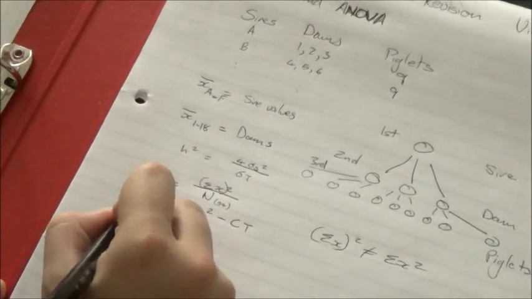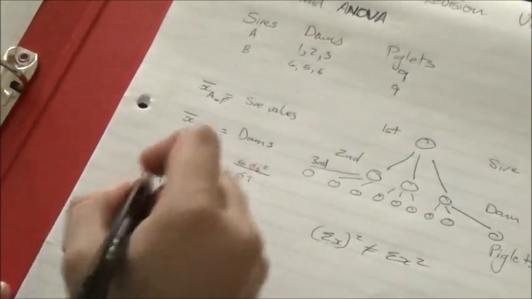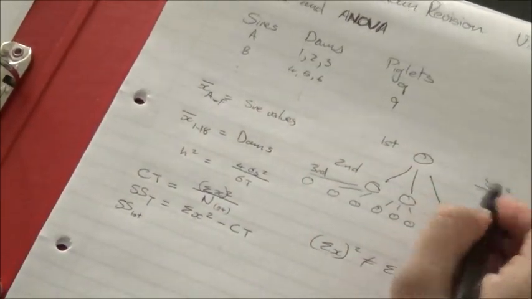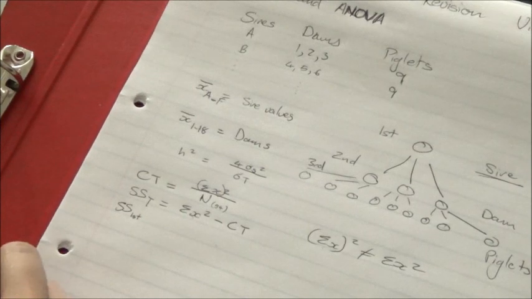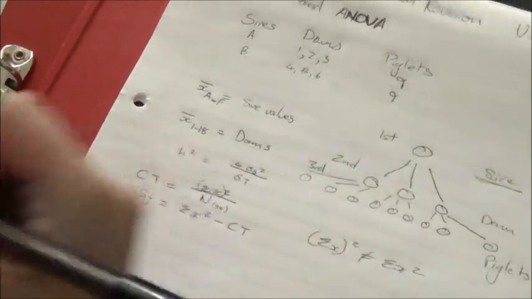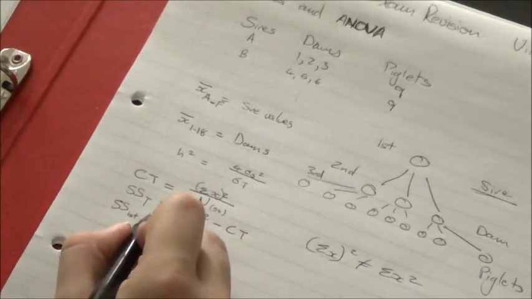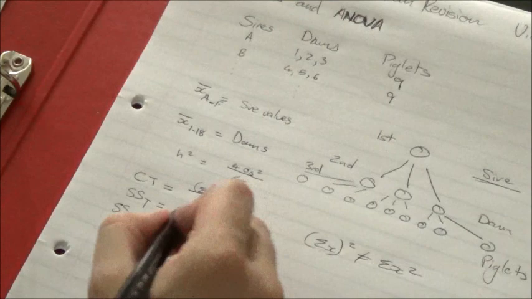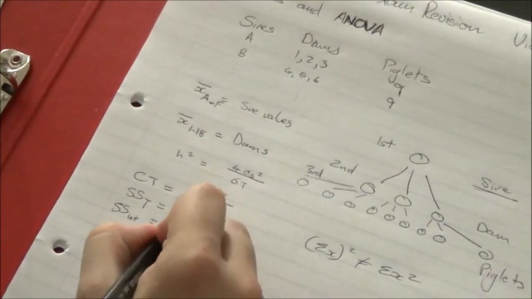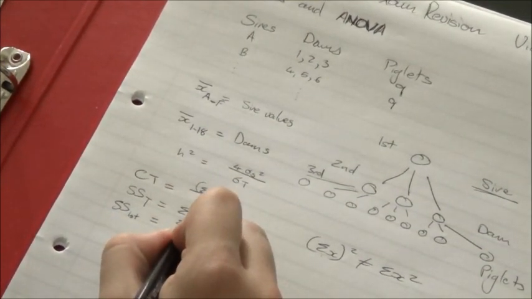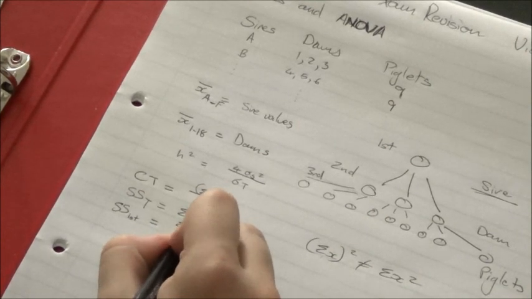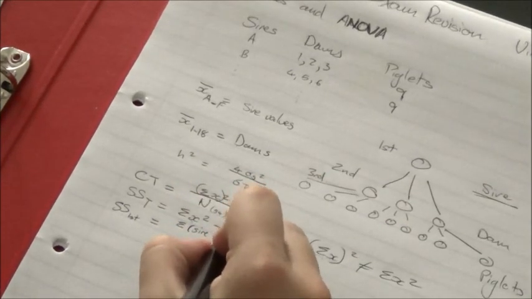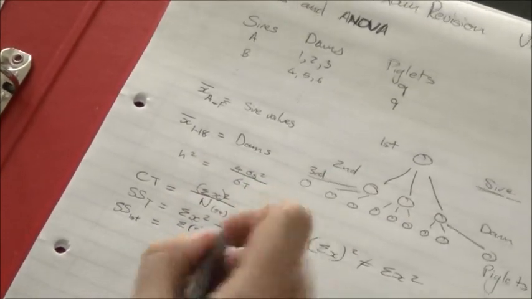Then you find your sum of squares for your first tier. I'm just going to write first here. In this question, that is our sires, because they are on our first tier. So I'm just going to write first for now, so that you can use this kind of formula later. To calculate that, we're going to take the summation of the sire values, squared.